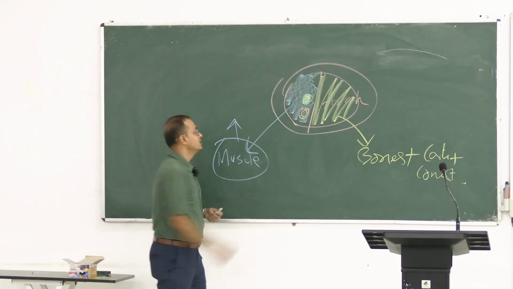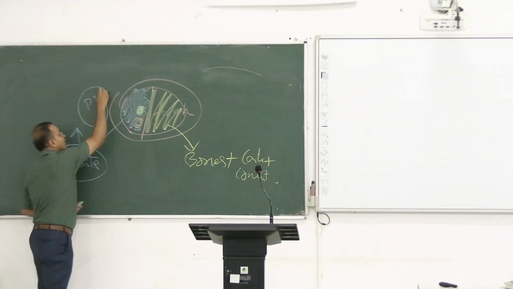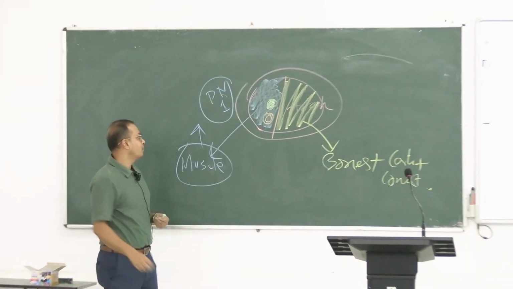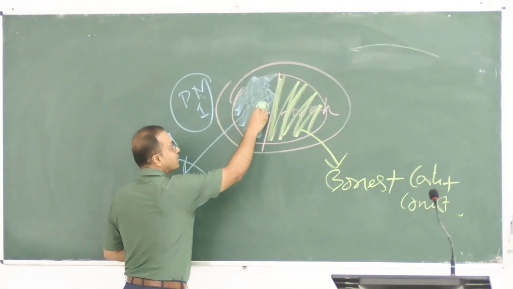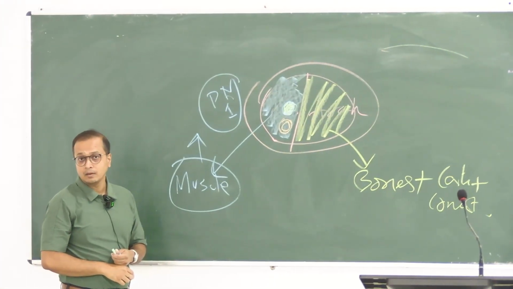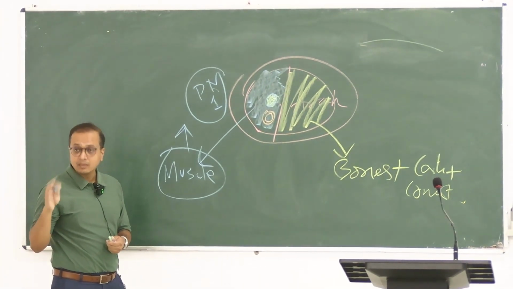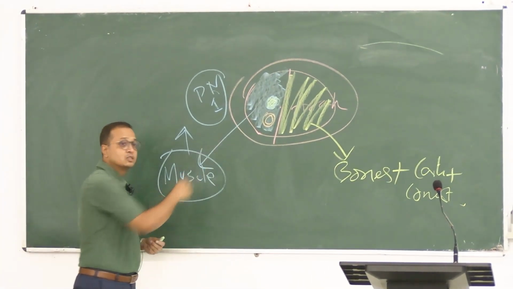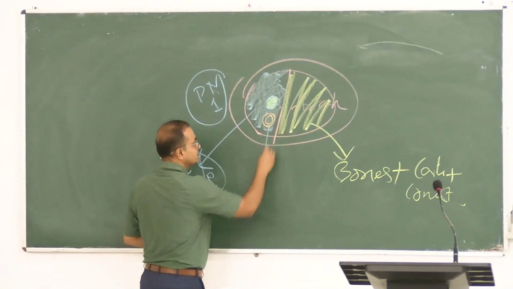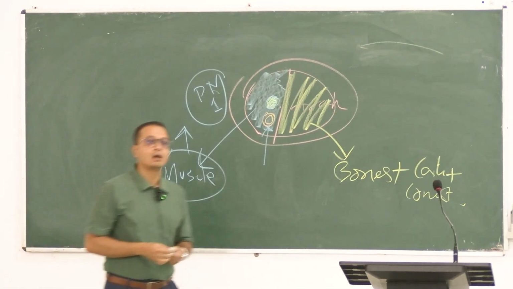Whatever muscles pharyngeal arch number 1 will make will be supplied by pharyngeal nerve number 1. Nothing else. Whatever muscles are there will get their branches from the pharyngeal arch artery number 1. Am I clear or not?